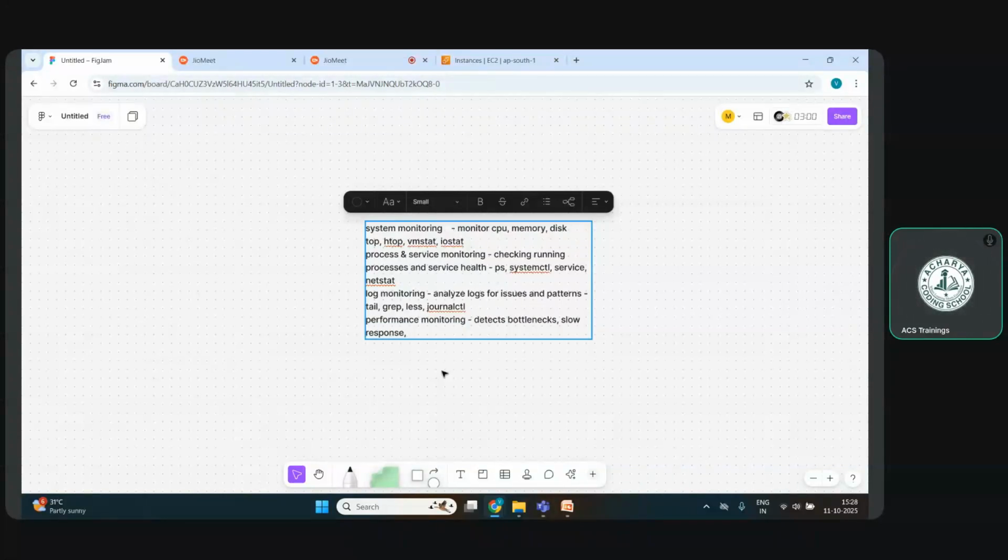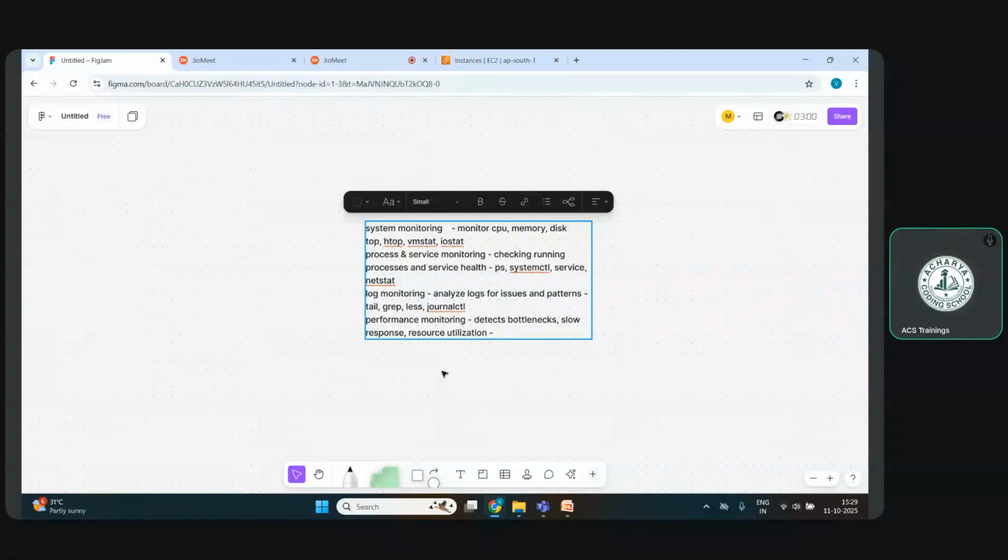It tells us how our application is performing, how our system is performing, and how much resources our system is using, that is, resource utilization as well.